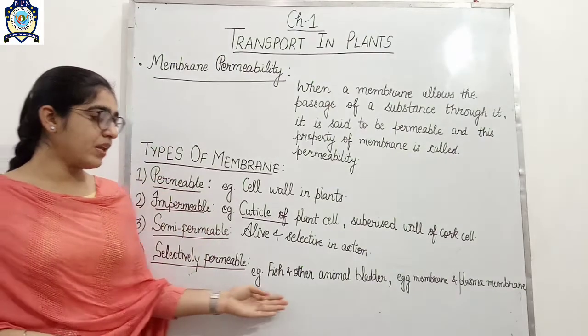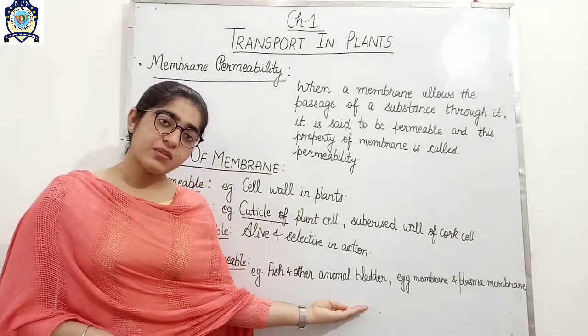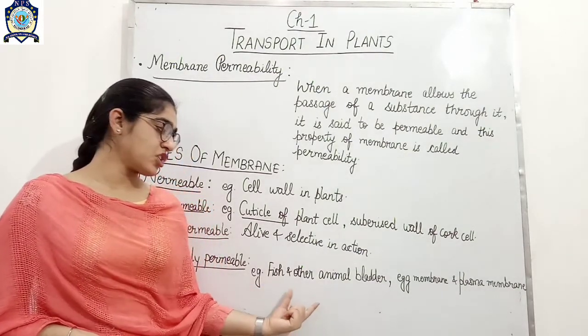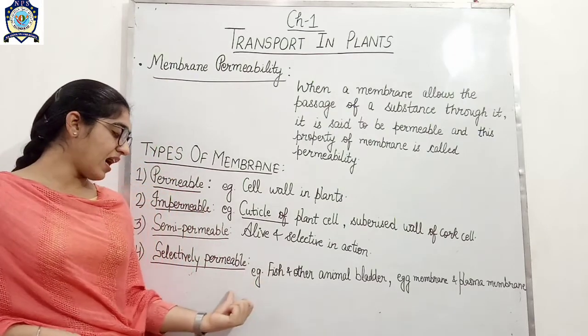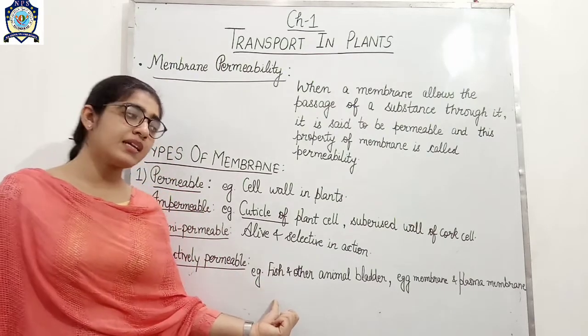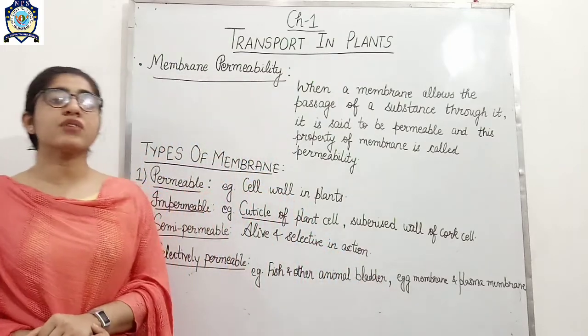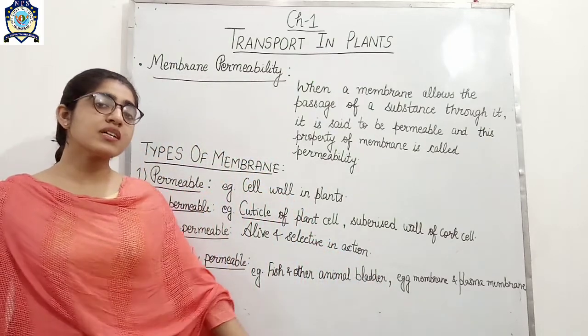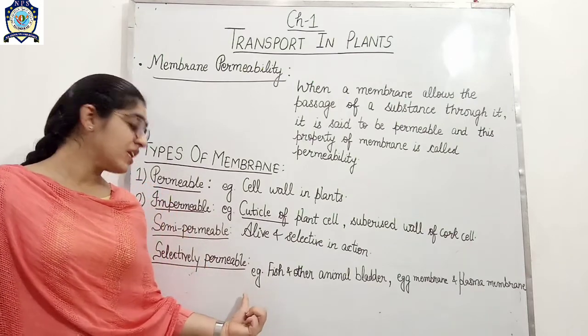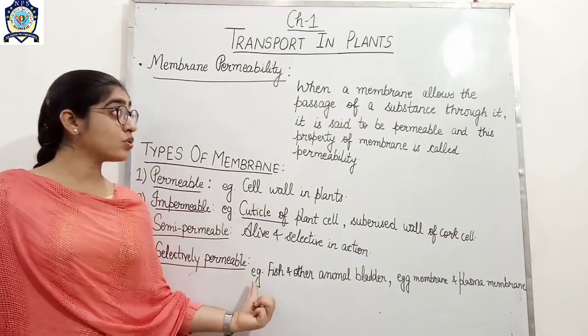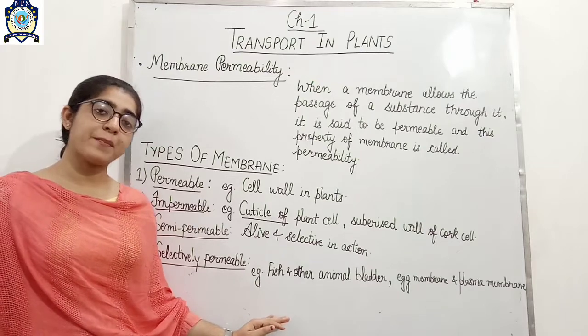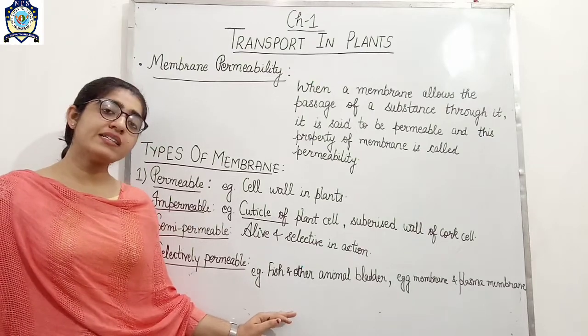For example, the bladder of fish and other animals is selectively permeable in nature, and the egg membrane and the plasma membrane of the cell are also considered examples of selectively permeable membranes. So this was all about membrane permeability and its types.